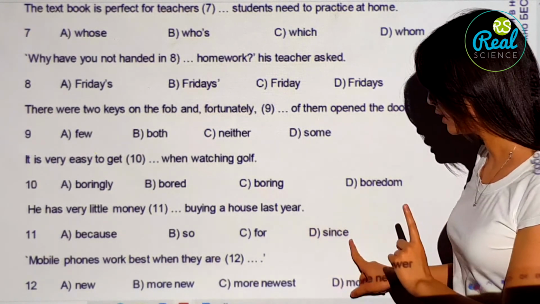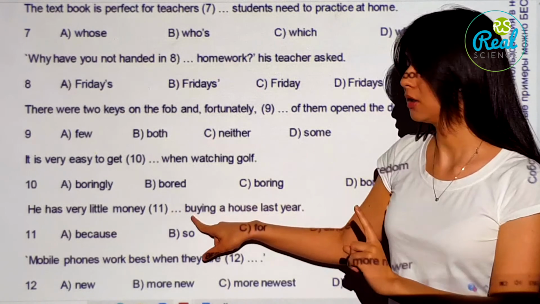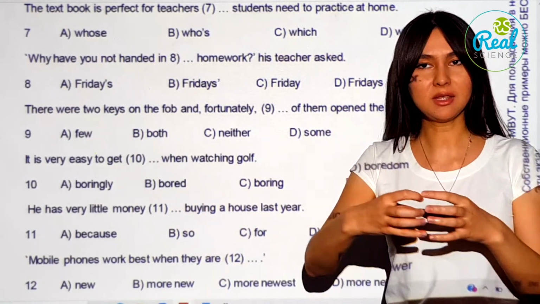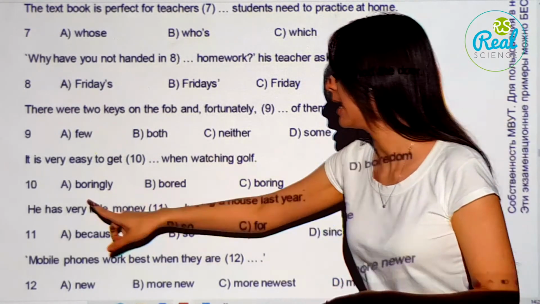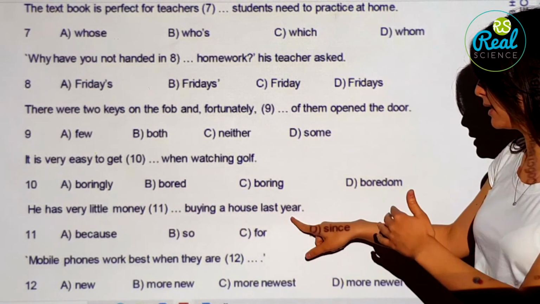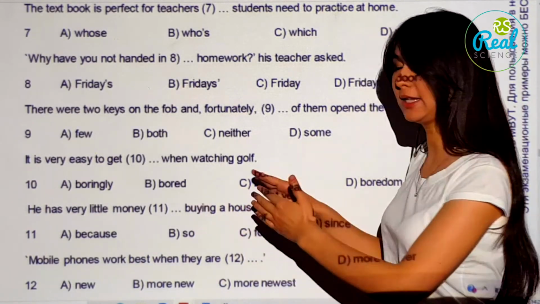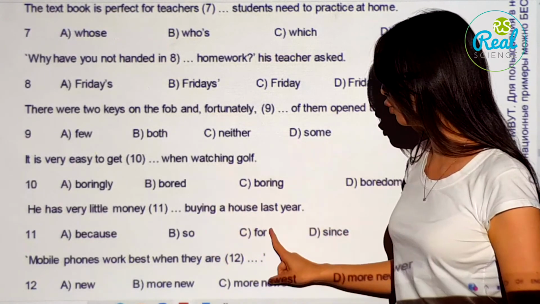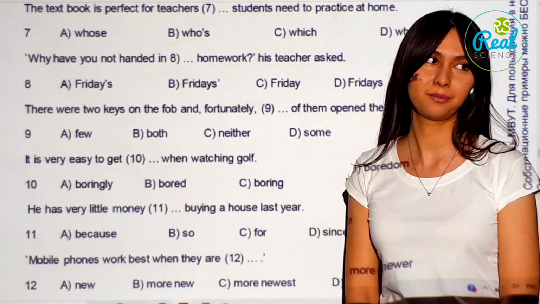Here you cannot use since because here you are given the gerund form. If you use since, guys, you have to use the whole sentence. For example, you can say he has very little money since he bought a house last year. If we had since he bought, in that case, it would be correct. But here we don't have since he bought. That's why the correct answer is C1, before buying.